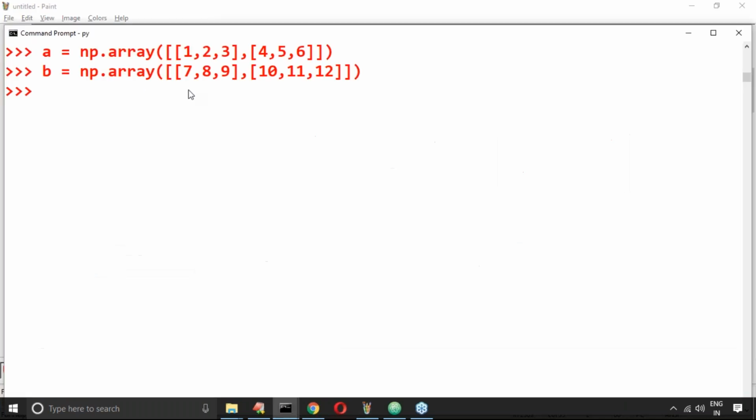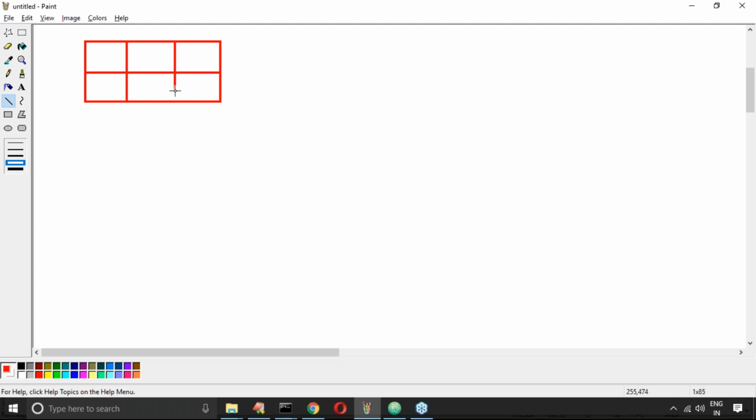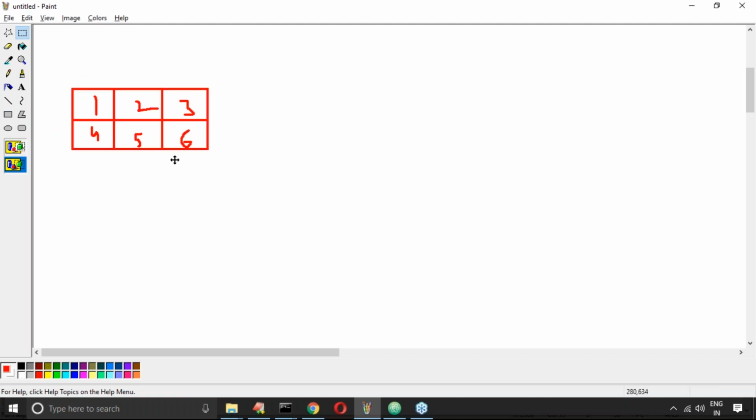Now what is the array? 1 2 3 4 5 6. In the first array, two rows are there, because understanding is very important, and three columns are there. This is my first one.